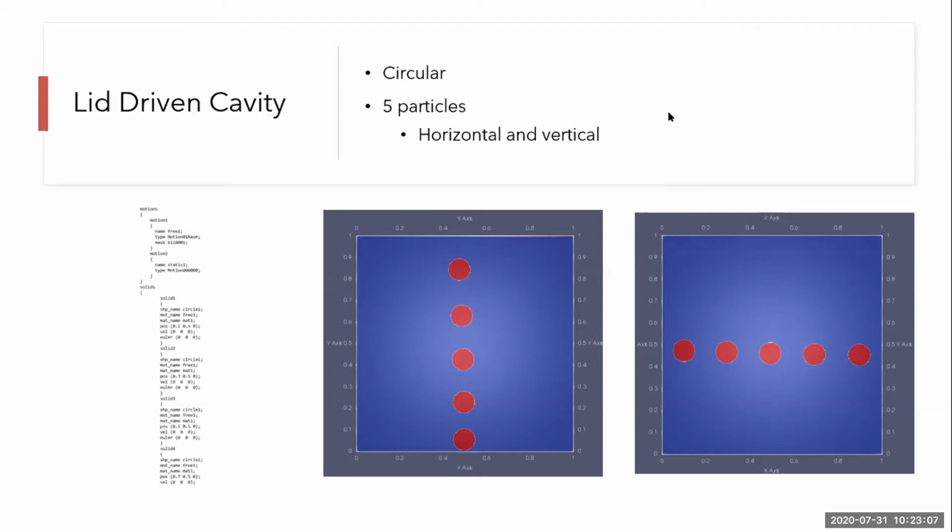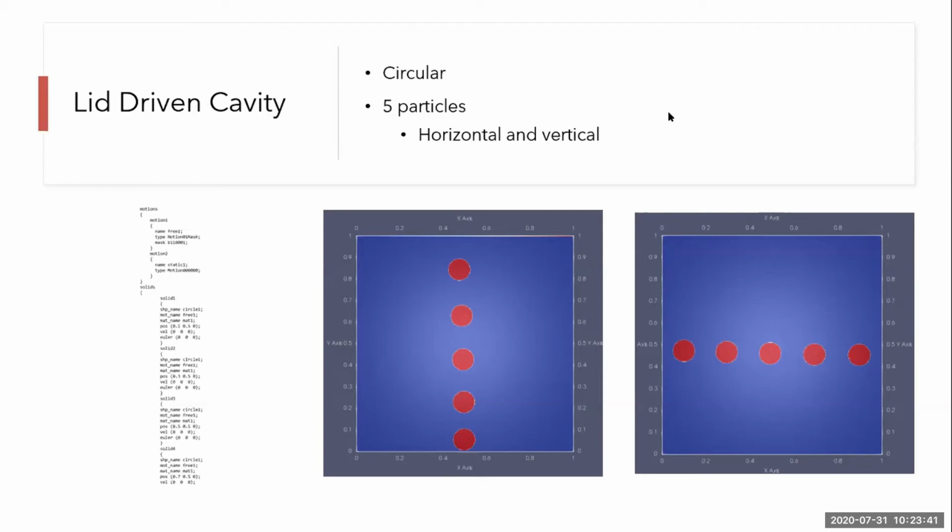The problem involves a square 2-dimensional space with 3 stationary boundaries and 1 that's moving with a known velocity in the x direction. So the fluid element in contact with the moving lid moves at the same velocity as the lid. The right, left, and bottom boundaries have a velocity of 0. So the moving lid sets the fluid into a circular motion.